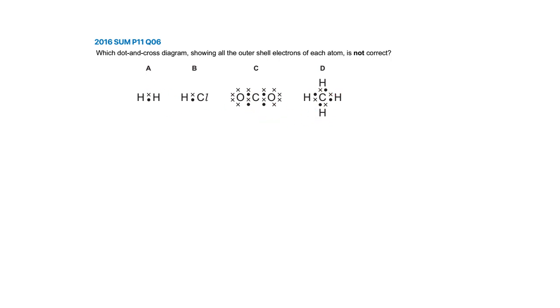The only problem is with B. If you take a closer look at the question, outer shell of electrons, which in dot and crosses you have to draw, chlorine does not have all of its electrons drawn. It should have 7 of its own electrons and 1 from hydrogen for the molecule of HCl. So B is not correct.